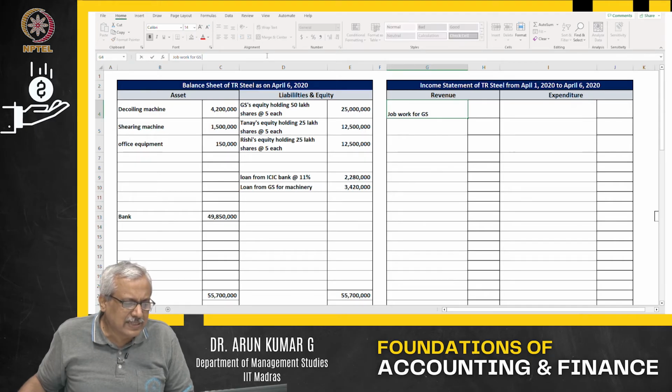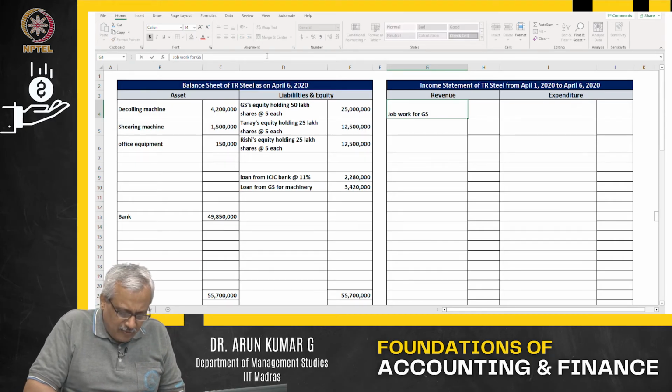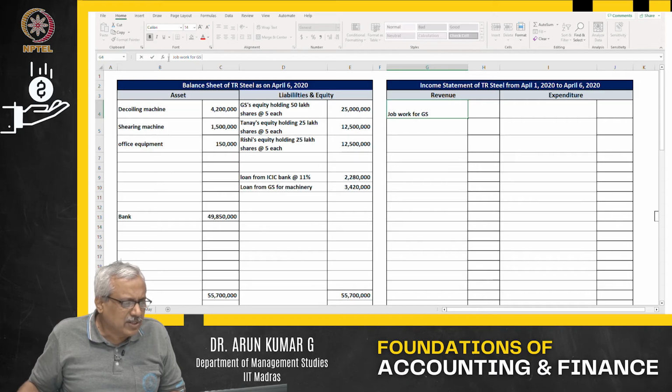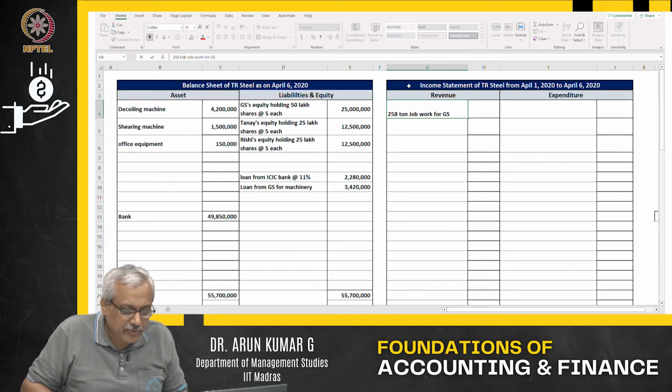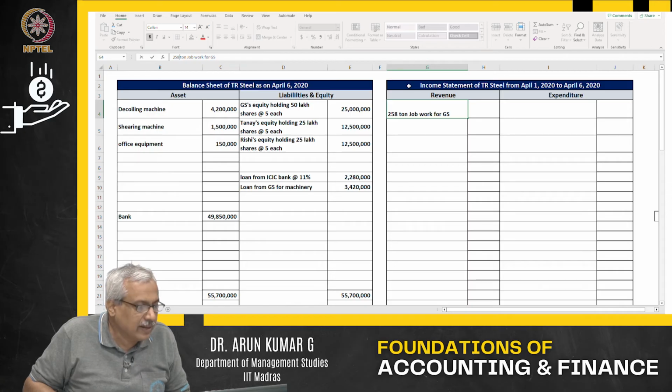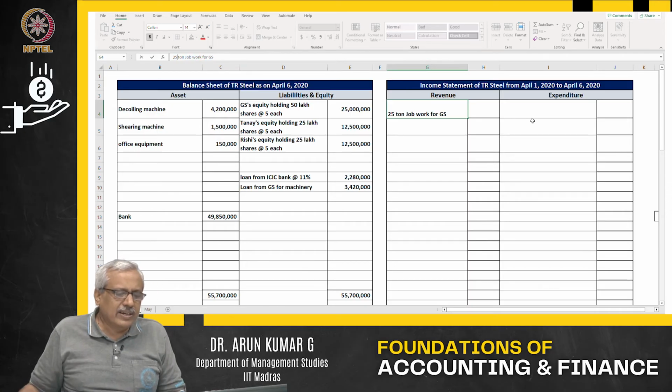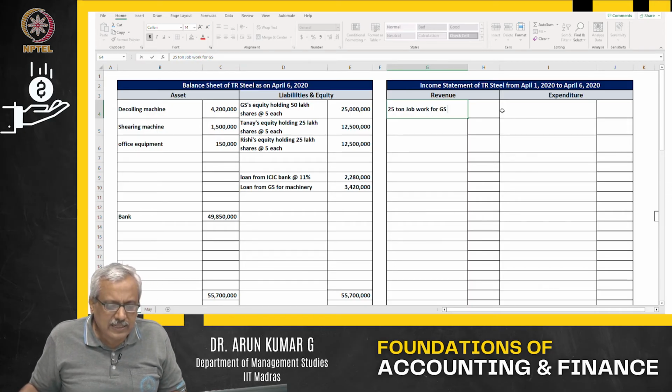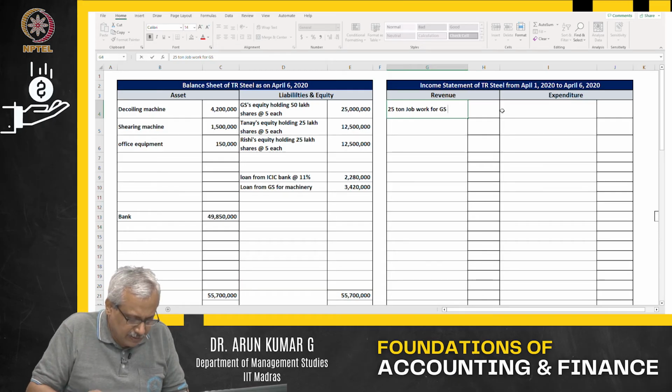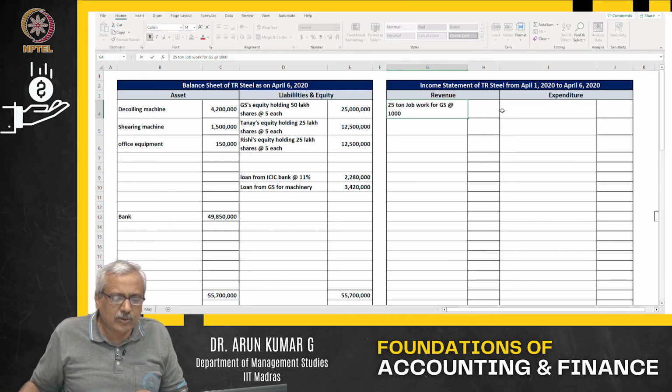Job work for GS for 25 tons. Let me just correct that: 25 ton job work for GS at 1000 per ton.